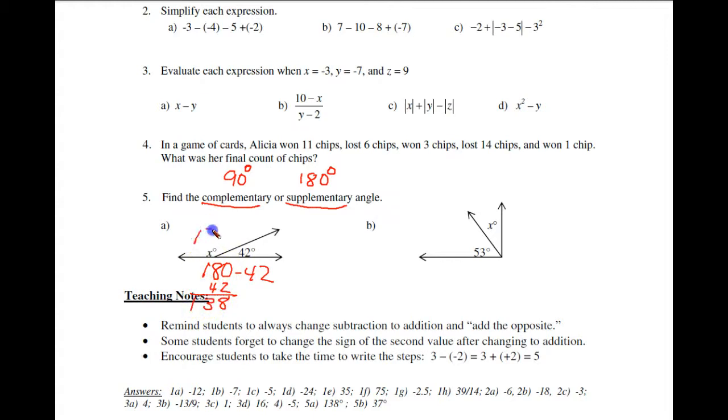So how about 138? So if I add these two together, I get the 180. And again, all of this is 90 minus 53. That's going to be 37, I believe, yes.